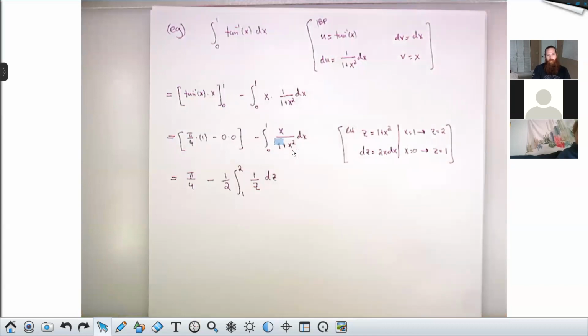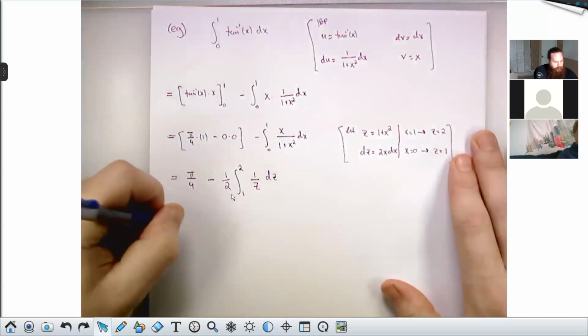You see the 1 plus x squared downstairs, that's the z. The x dx upstairs is 1/2 dz. So that's the dz here and the 1/2 I pop out.